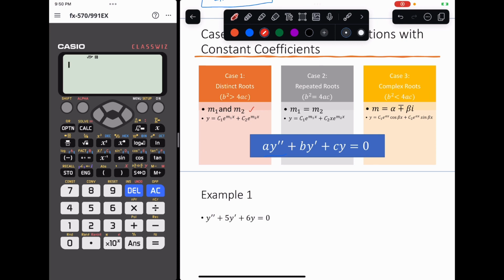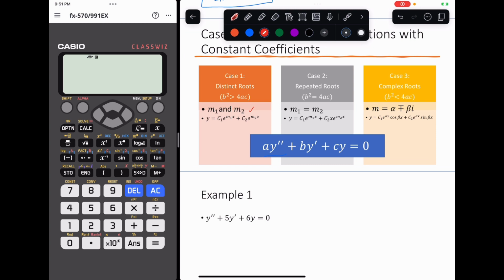Both of them should be positive or both of them should be negative. For the solution, that would be y equals c sub 1 e raised to m sub 1 x plus c sub 2 x e raised to m sub 2 x. Meaning we are multiplying by x for the exponential function whenever there are repeated roots.